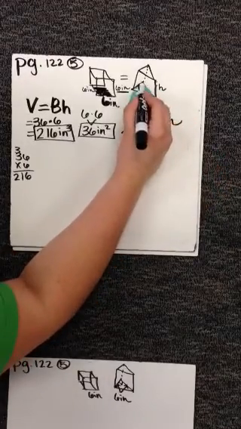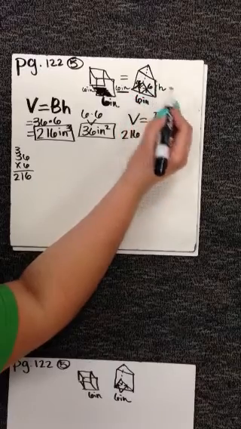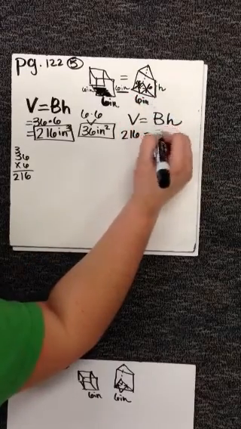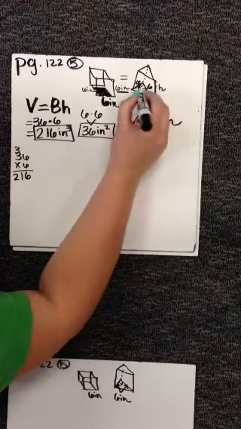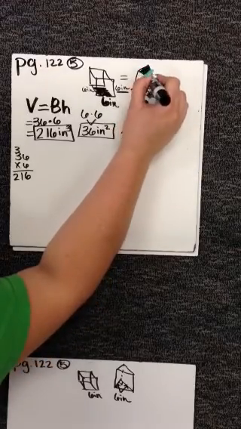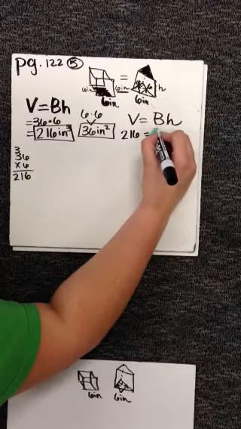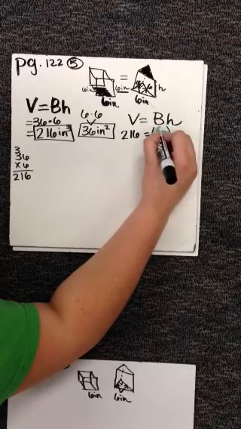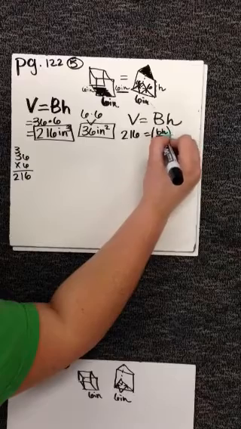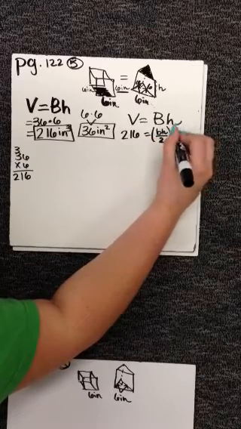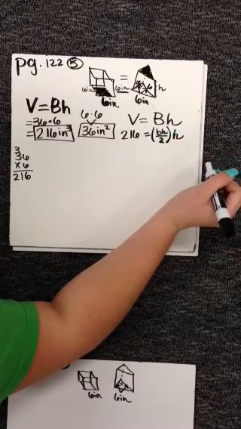If I know this side here is 6, this side here is 6, I can easily find the area of this shape. Now, I see that the base is a triangle. So that means I'm going to take the base of the triangle times the height of the triangle, divide them by 2, and then multiply them times the height of the prism.